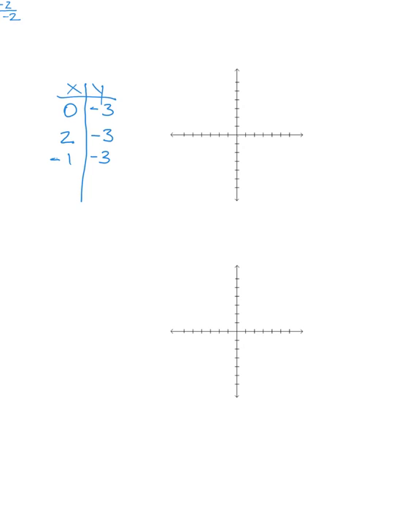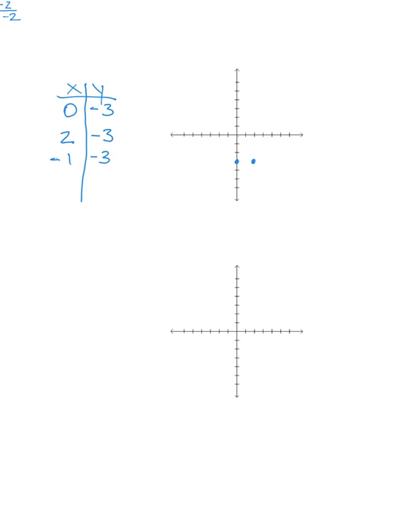We're going to be below the x-axis, 3 below the x-axis. For the second point, we have (2, -3). This tells me I want to go right 2 and down 3. So if we go right 2 and down 3, we will be down in the 4th quadrant, 2 to the right, and 3 down.